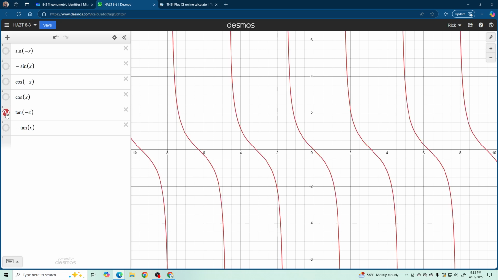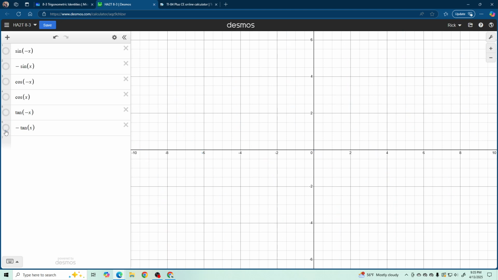If we have tan of negative x, we have this. You'll notice it's the same thing, but the little squiggles are going the opposite way. Now we're going to show that tan of negative x equals negative tan of x, which means it's what? If you said odd, you're correct. So sine and tangent are odd, cosine is even.